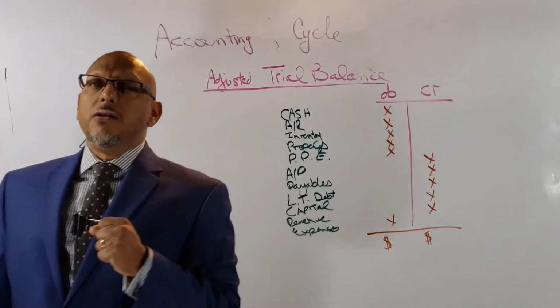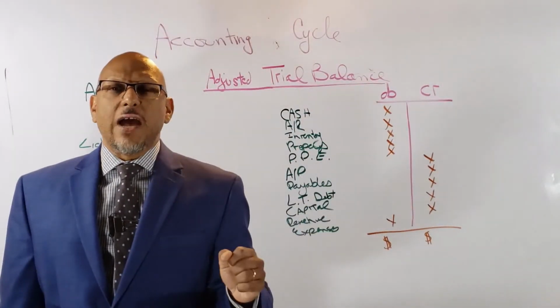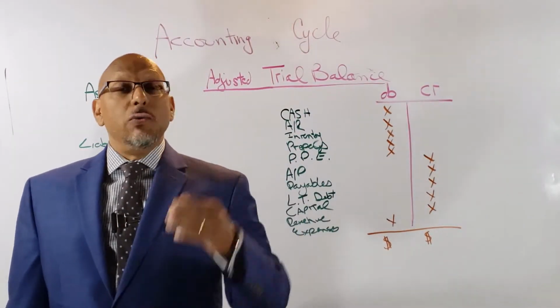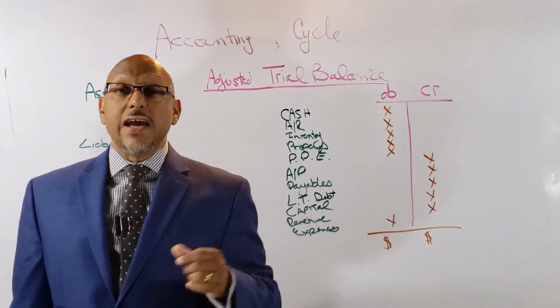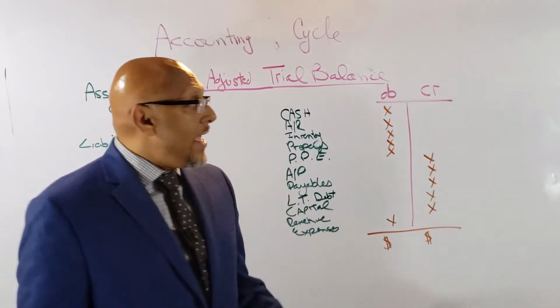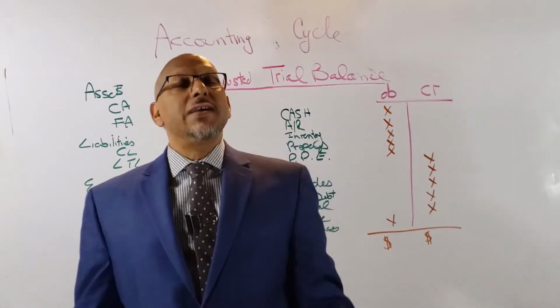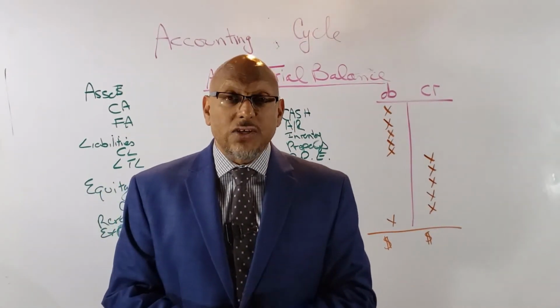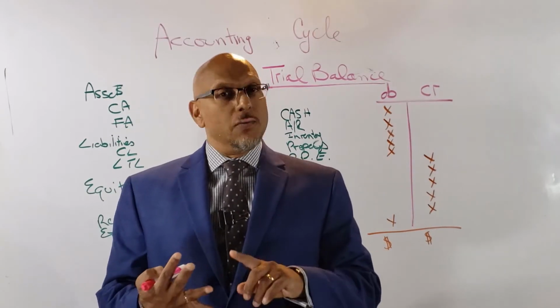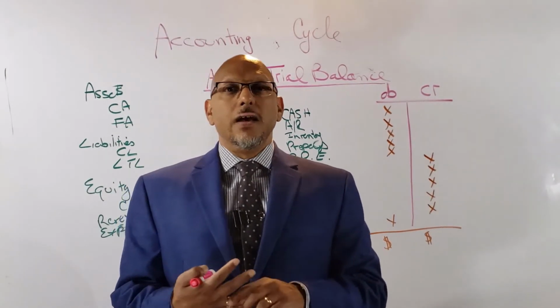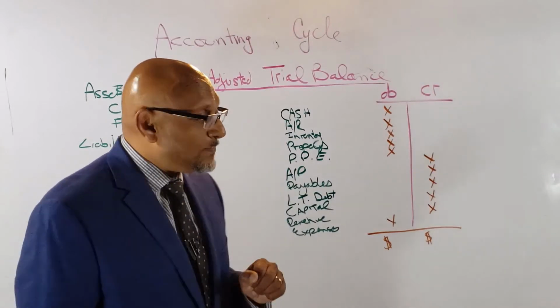Recall back in the first chapter, first lecture, we went through a series of T accounts with different transactions. And on this side of the board, I had several expense accounts because of normal day-to-day operations. We had telephone bill, we had salary expense, and so on. We had rent expense.